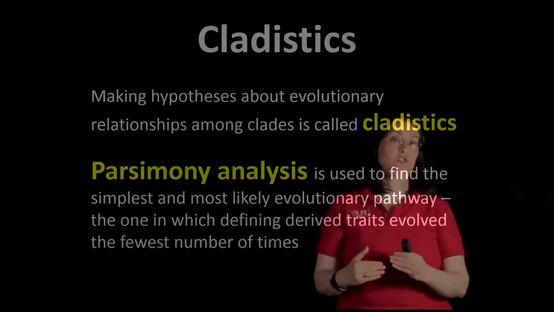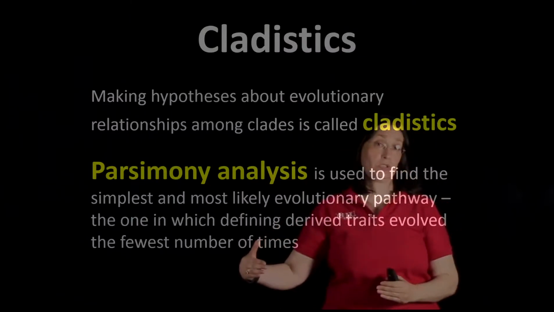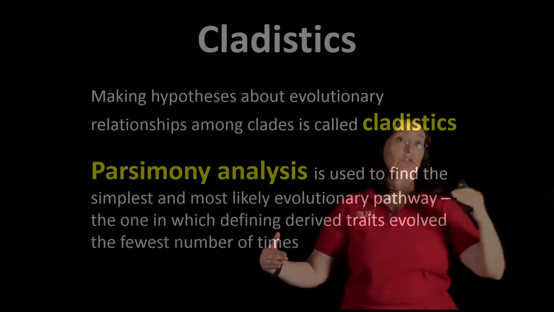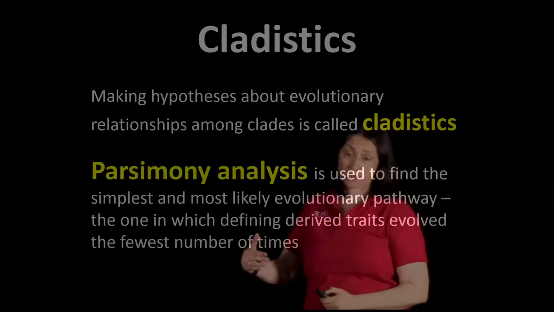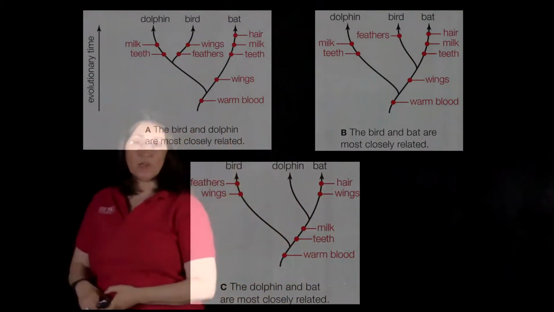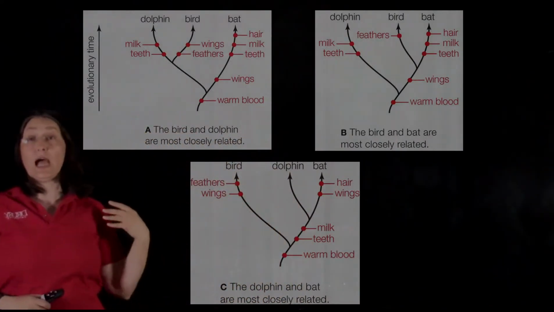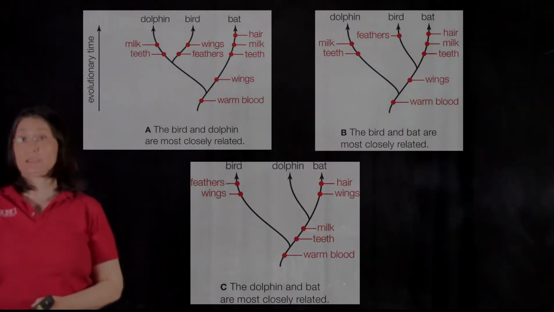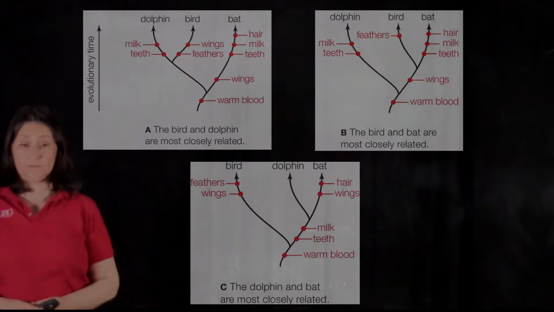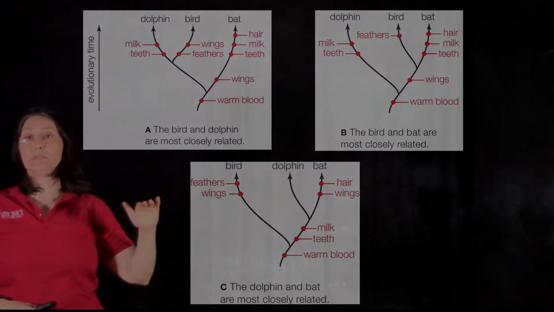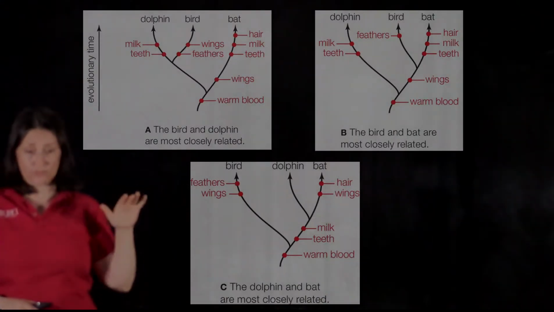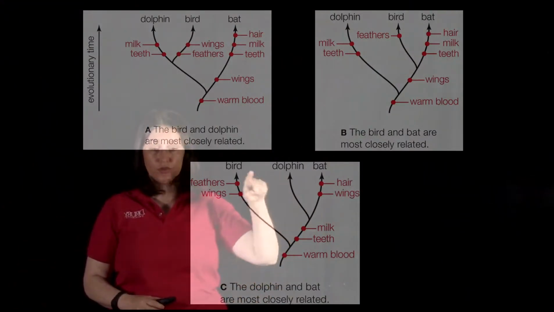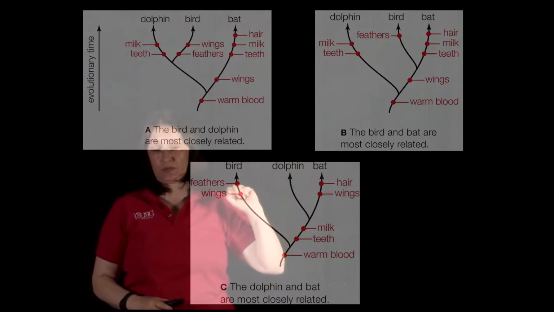What is the easiest way to get from this common ancestor to this derived trait, to this new group of organisms? So if you look at these three phylogenetic trees, or three hypotheses of how these three groups of organisms that we just analyzed previously are related to each other, which one is the simplest way of getting from a common ancestor here at the root of this tree to the three different types of organisms?